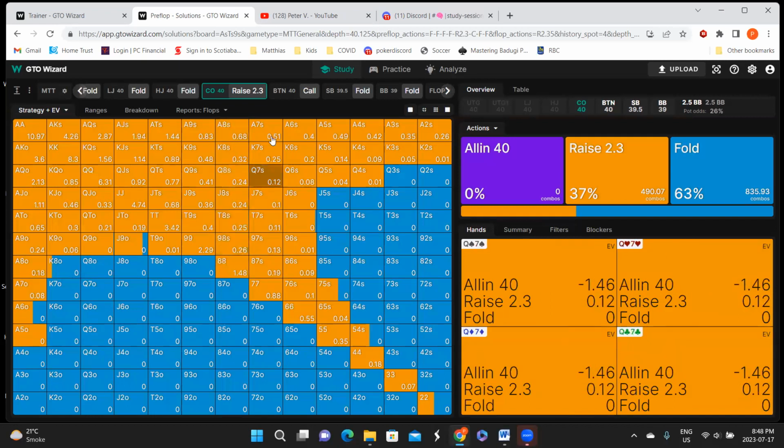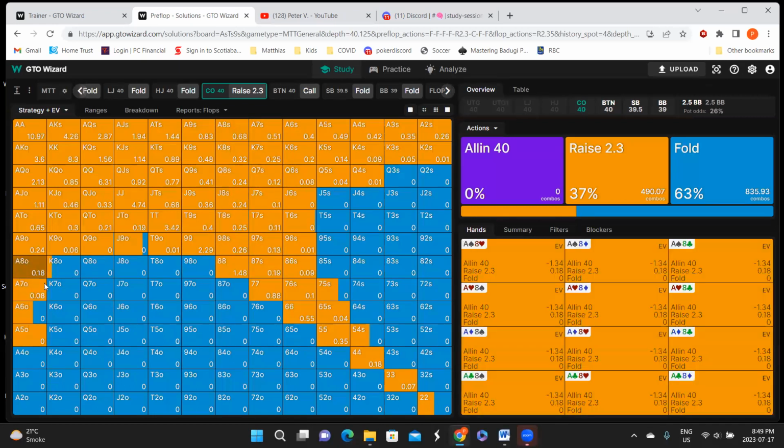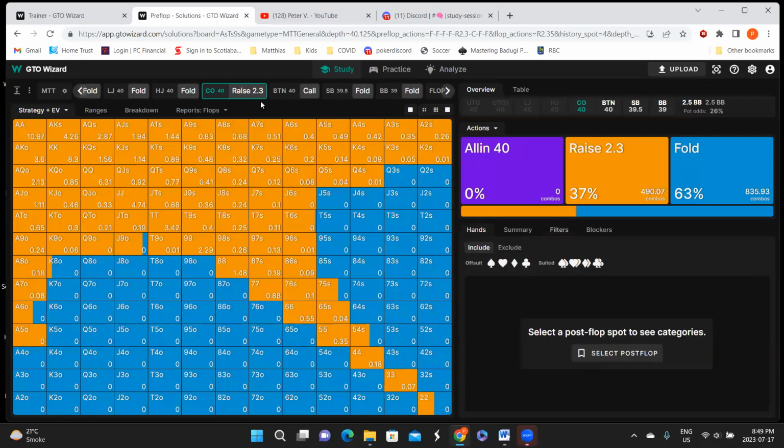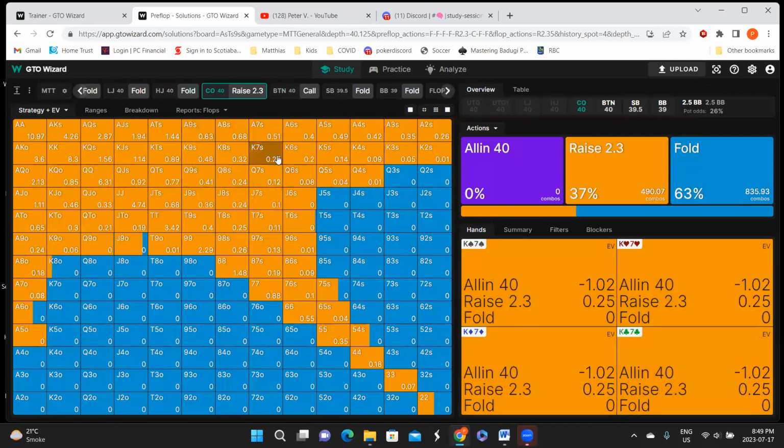They have a little bit more of an advantage with these 8s and 7s than our opponent does. So it's not as big as 9s, but here's the first takeaway: when we look at range interaction, we can see that there is an exploitative point when the board is 9 high.